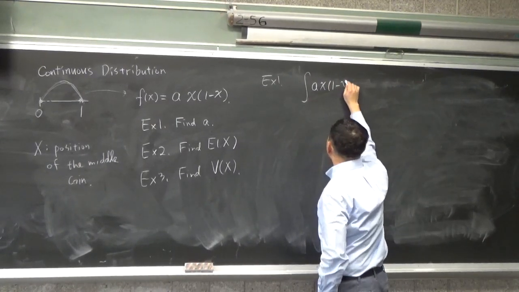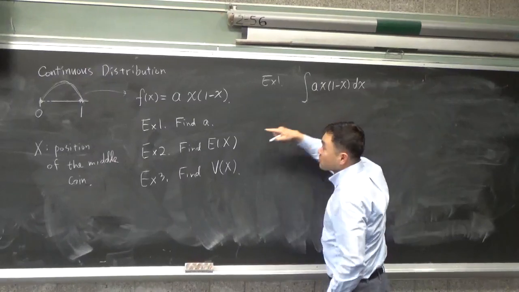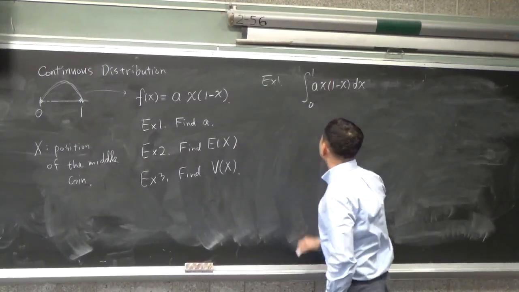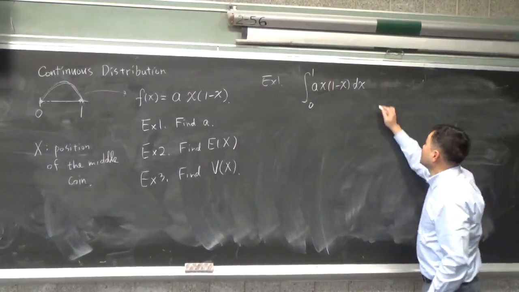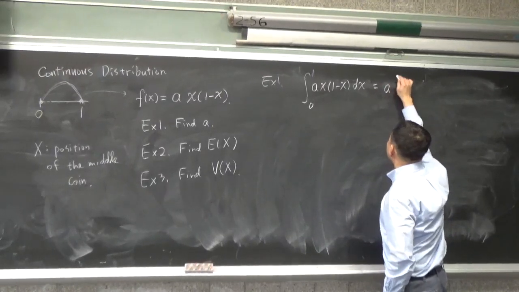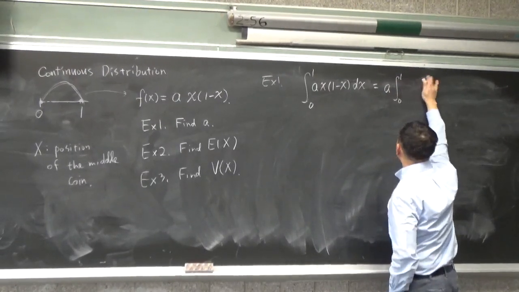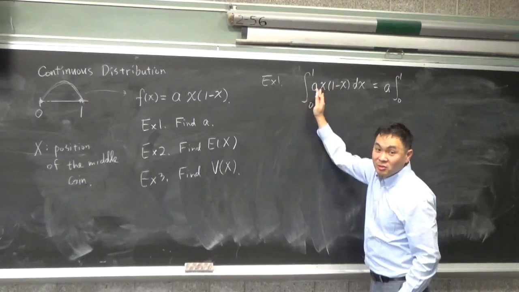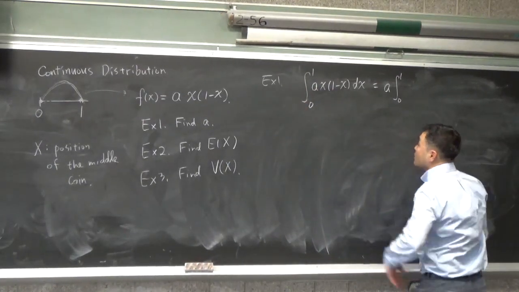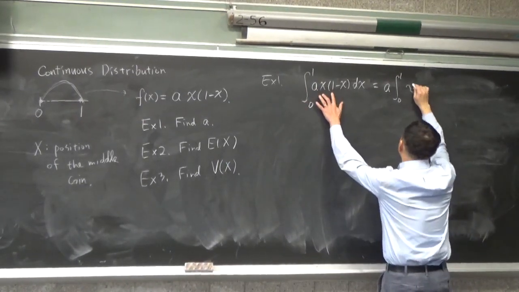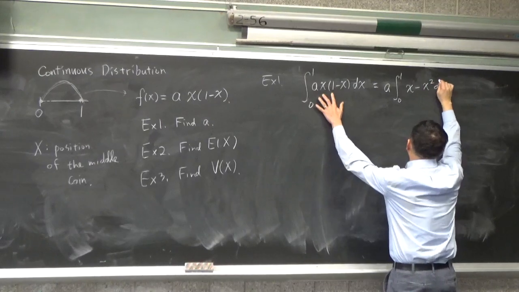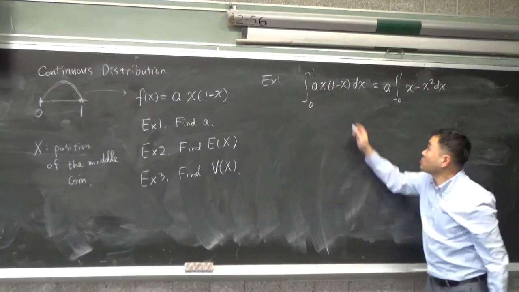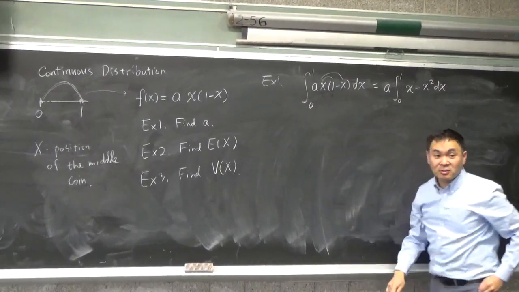So to solve example 1, you have to integrate ax times 1 minus x over the given domain, which is 0 to 1. Let's pull the a outside because it's easier to do the integral when constants are left out. You're integrating x minus x squared dx. If you multiply this out, it's easier to integrate.